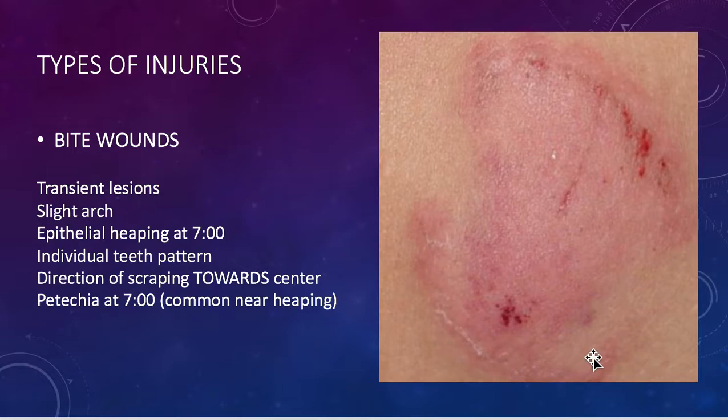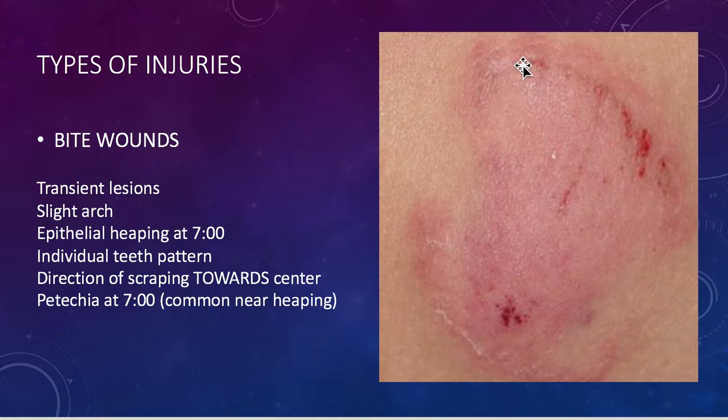You also have epithelial heaping. Remember, epithelial heaping is where something comes in contact with the skin and starts to abrade it. So from the teeth at the bottom, you do have this line of epithelial heaping. And just like a graze, epithelial heaping begins where the highest tension against the skin occurs.